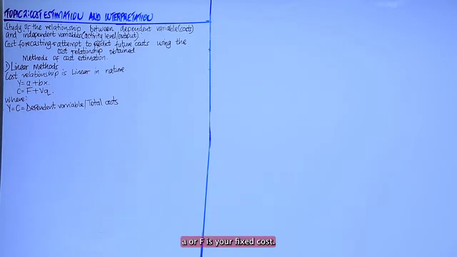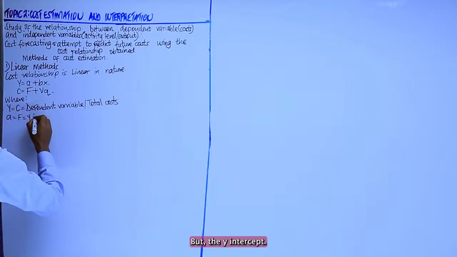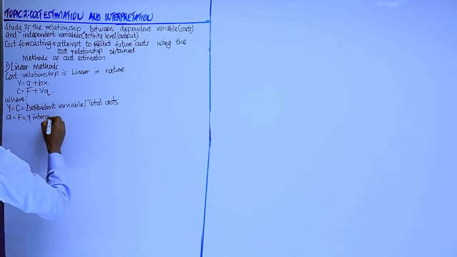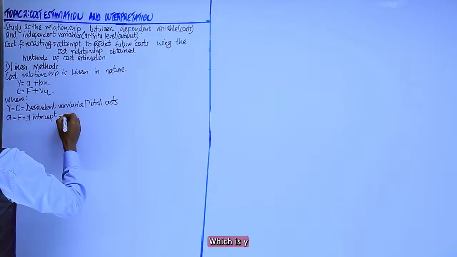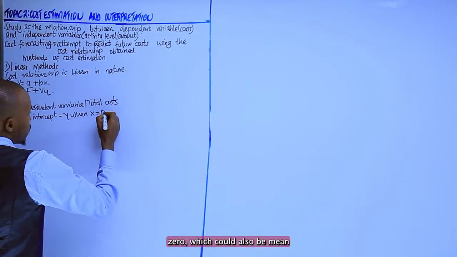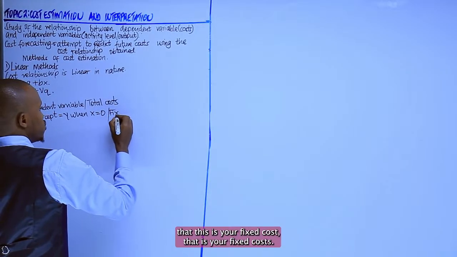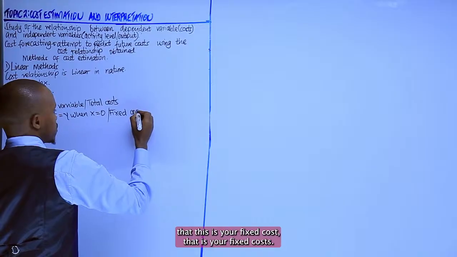A or F is your fixed cost. It is not the slope, but the y-intercept, which is y when x is 0, which also means that this is your fixed cost.